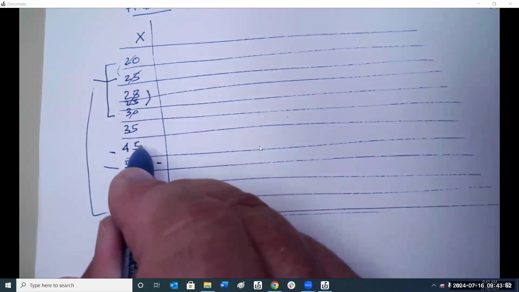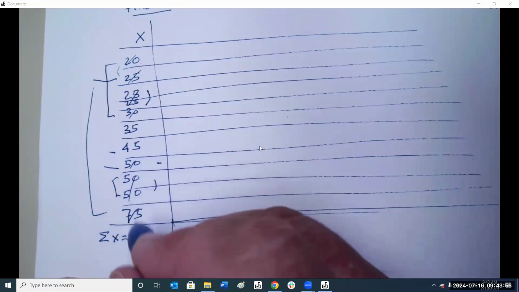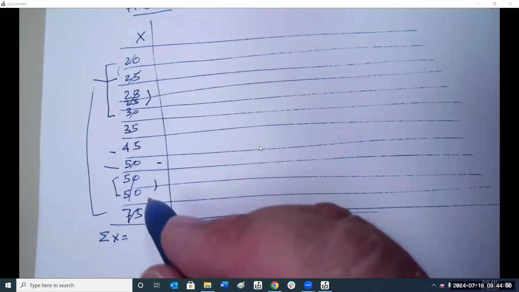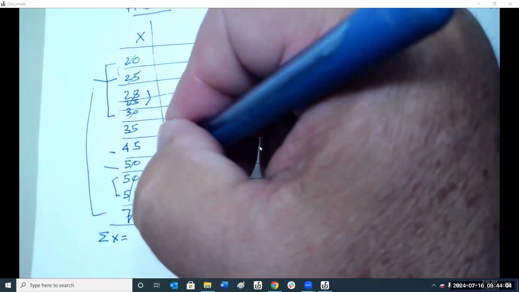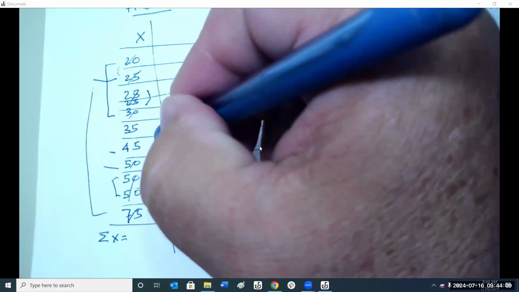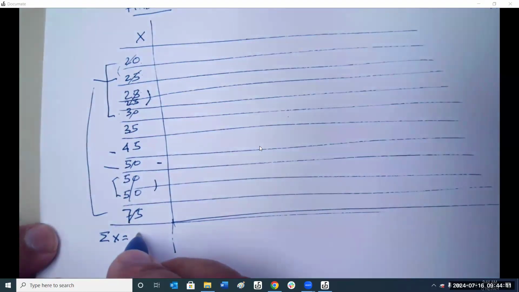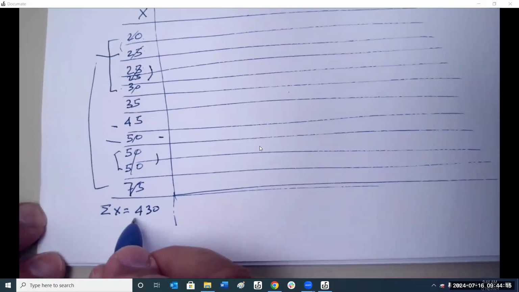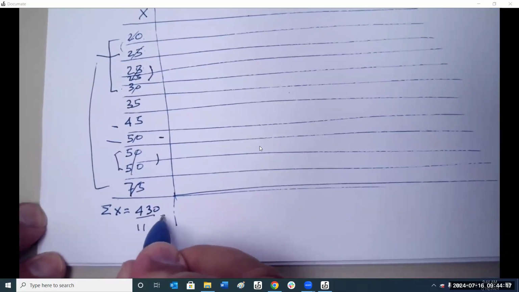And we have 90 left. 1, 2, 3, 4. 430 divided by 11.